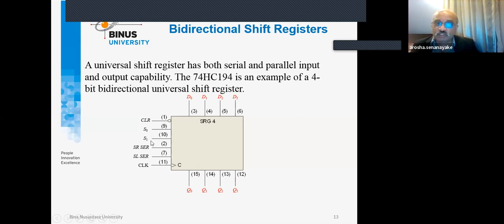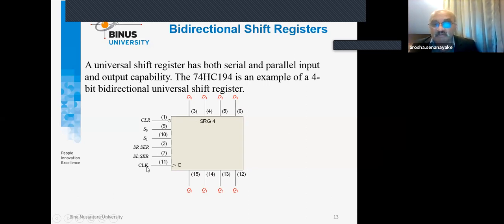S0 and S1 control the complete bit operations, so it is not just shifting right and left alone. Then we have two important pins, shift left and shift right.